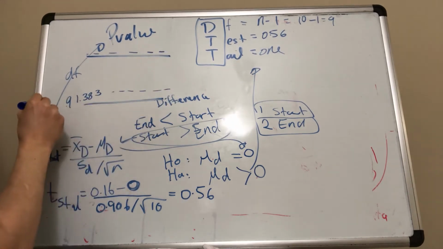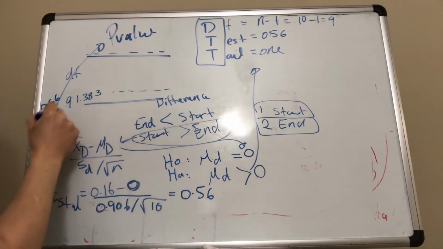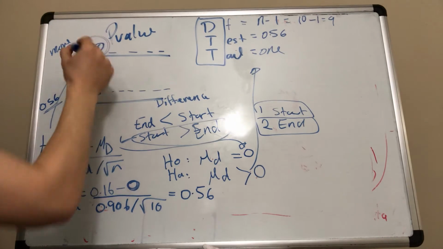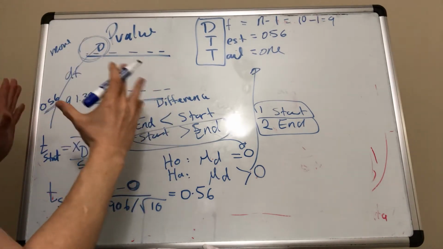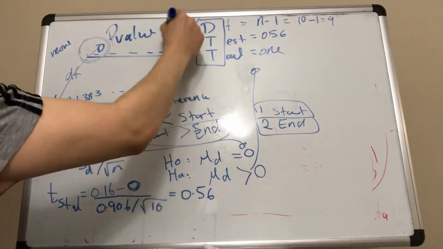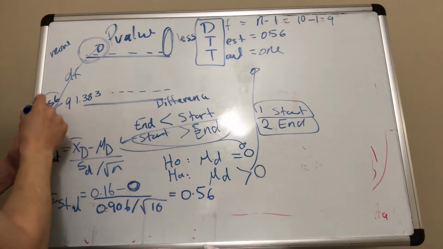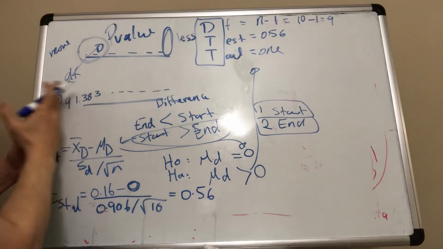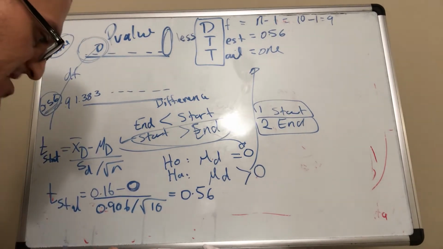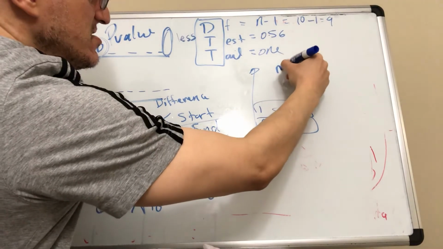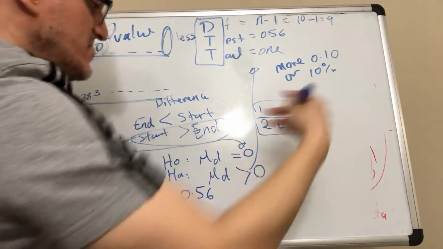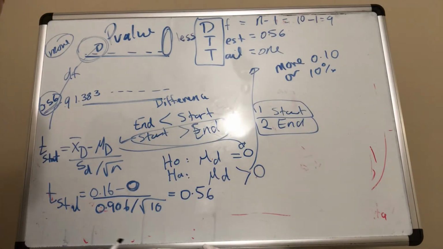Your number 0.56 is less than 1.383, so your percentage is more than whatever the first one-tail percentage is. Remember, if your number is to the right of the table, your percentage is less than the last percentage. If your number is to the left of the table, your percentage is more than this. For one tail, that is 0.10, or 10%. So your p-value is more than 10%.